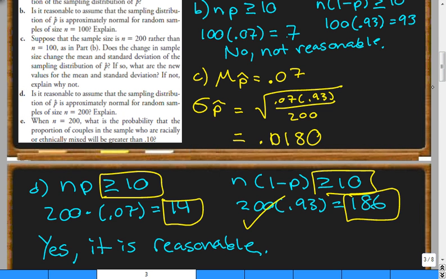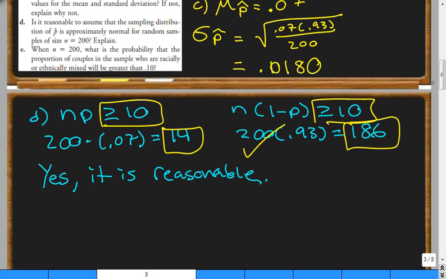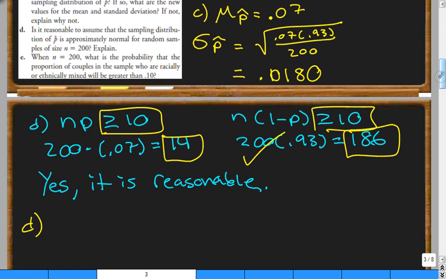It says, finally, when n equals 200, what is the probability that the proportion of couples in the sample who are racially or ethnically mixed will be greater than 0.10? We can use the normal distribution now, using all our information based off of a sample size of 200. So we're going to say normal CDF, greater than 0.1.